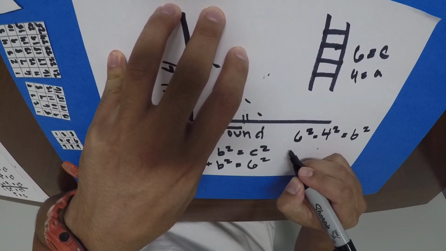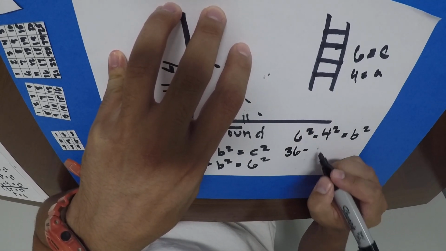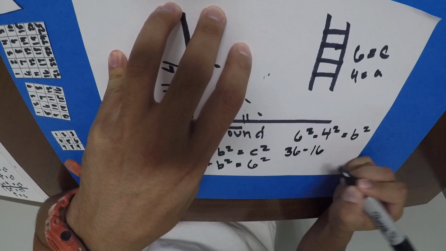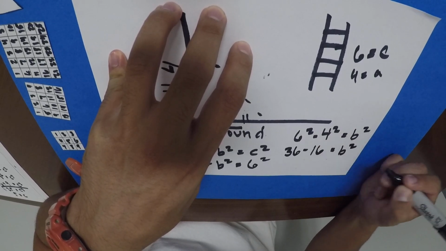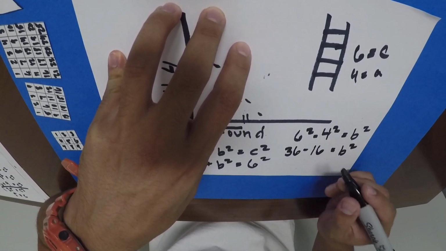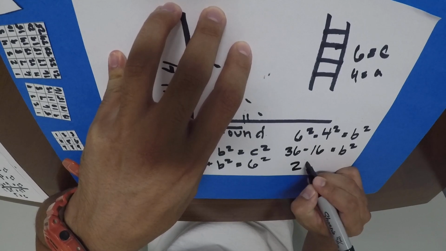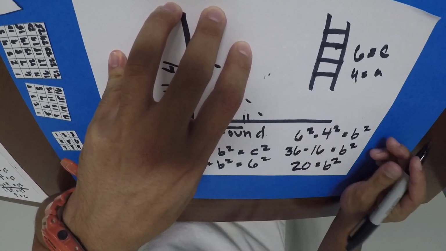So 6 times 6 is 36, minus 4 squared, 4 times 4 is 16, equals B squared. When you subtract the 2, you get 20, and 20 is going to be B squared, okay?